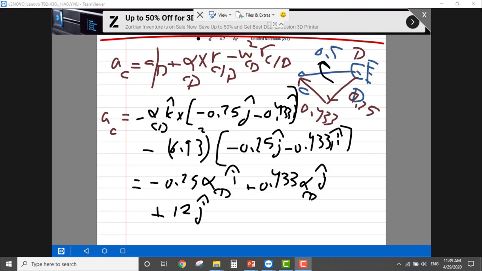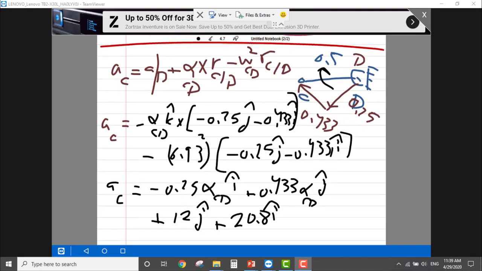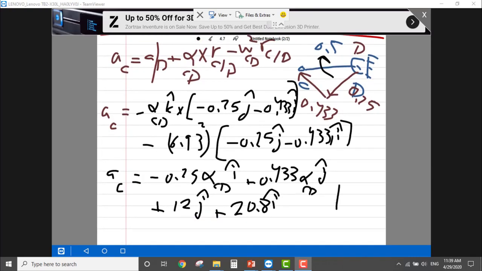Then we have 6.93 squared multiplied by 0.433, which is positive, so positive 20.8 with a certain approximation, in the I direction. So this is AC, and I'll name this equation 4.